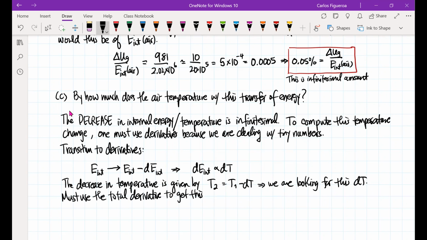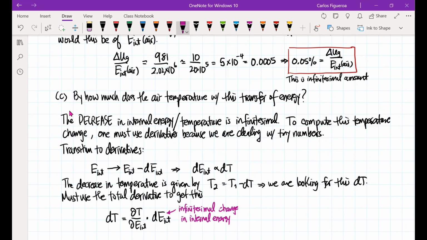And what I mean by that is that the total derivative of any function, using a chain rule type argument, says that it is the partial derivative of the temperature times the total derivative of the internal energy, right? And when we look at this thing, this guy right here is the infinitesimal change in internal energy.